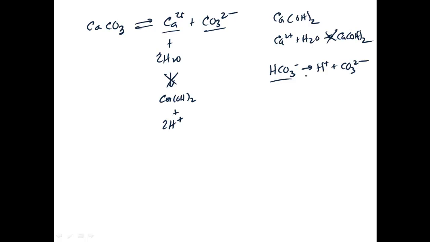So what that does is that tells this reaction mainly goes in reverse, that this is the dominant species in a water solution. So if this is the dominant species, if I put carbonate ion in water, it is going to accept a hydrogen ion from the water and form the weak acid, the hydrogen carbonate ion.